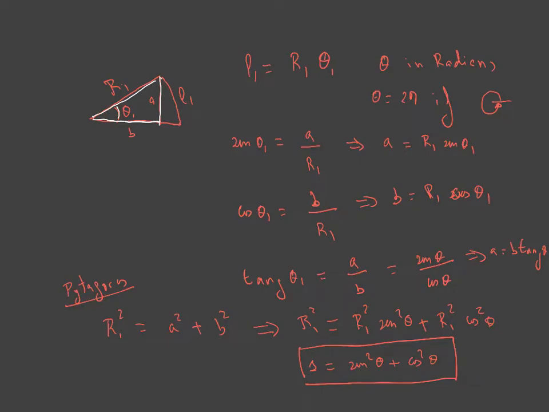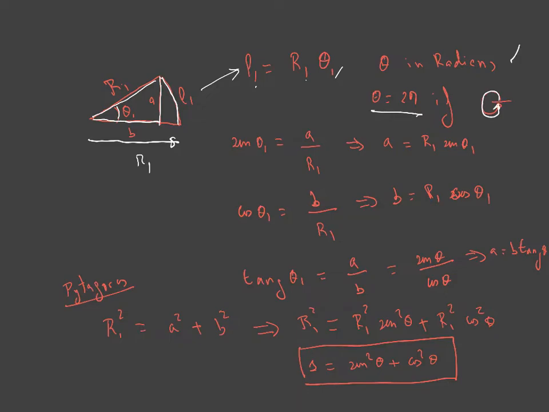In this picture, of course, the length L1 is equal to the radius R1 times the angle theta 1. So theta 1 is in radians. If theta is equal to 2 pi, you have done one round completely.